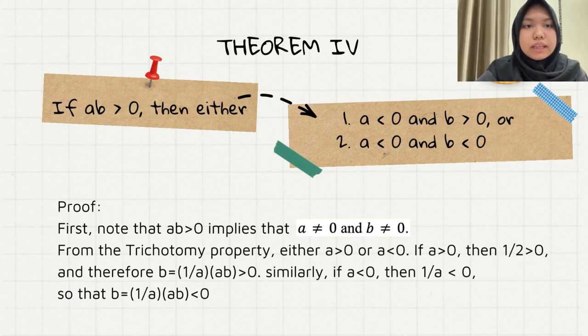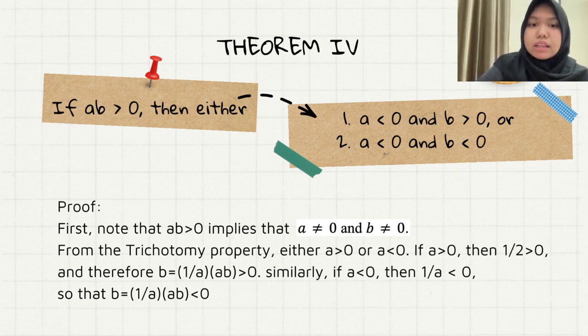Okay, and then for the last theorem, which is the fourth theorem, we have if a times b is more than 0, then either one, a is more than 0 and b is more than 0, or the second condition is a is less than 0 and b is less than 0. So the proof is, first note that a times b is more than 0, so that means a is not equal to 0 and b is not equal to 0. From the trichotomy property, either a is more than 0 or a is less than 0.